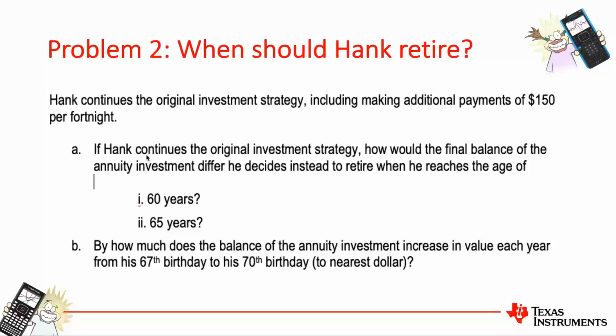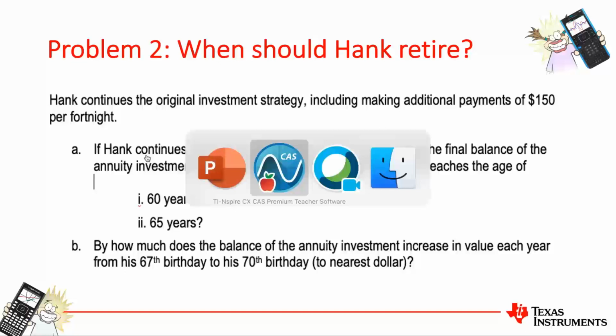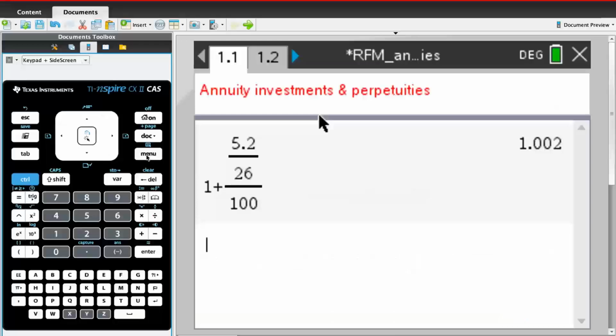And also we look at how much the balance of the annuity investment increases in the last number of years, because as you'll see, it's quite a striking difference. So to analyse this problem in a slightly different way, we're going to use a program called Annuity.